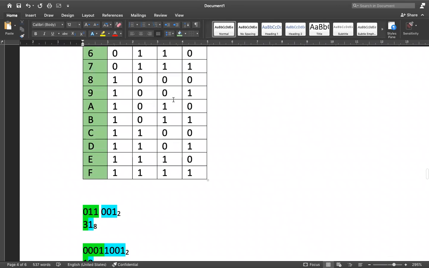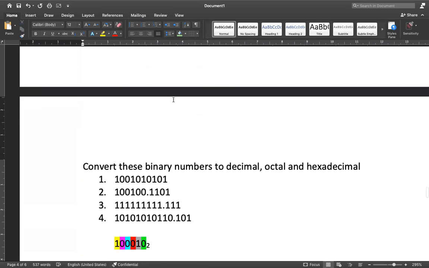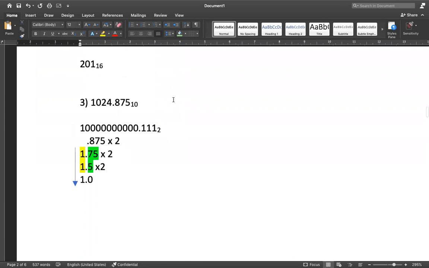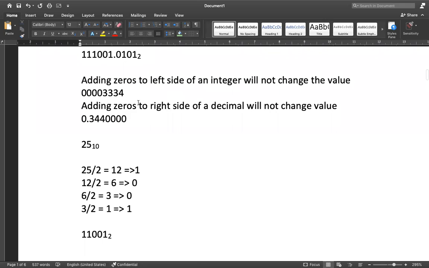I think we have mentioned somewhere: adding 0 to the right side of the decimal will not change the value. You can add zeros on the right side only, this side only. You can't add them here. Not allowed, because that will change the value.